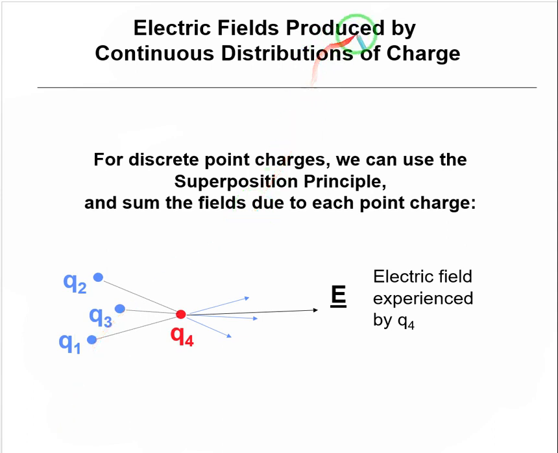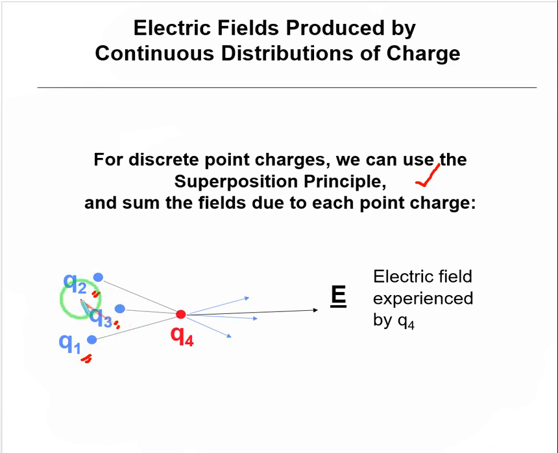So, the electric field produced by a continuous distribution of charge. One thing you need to keep in mind: we always take discrete point charges, and we can use the superposition theorem. In the superposition theorem, we just add or sum all the fields due to point charges. Let's say we have charges q1, q2 and q3.